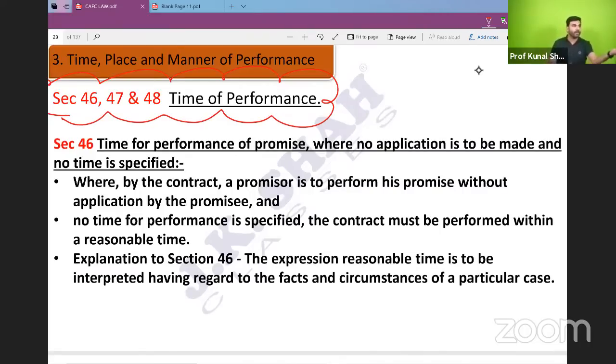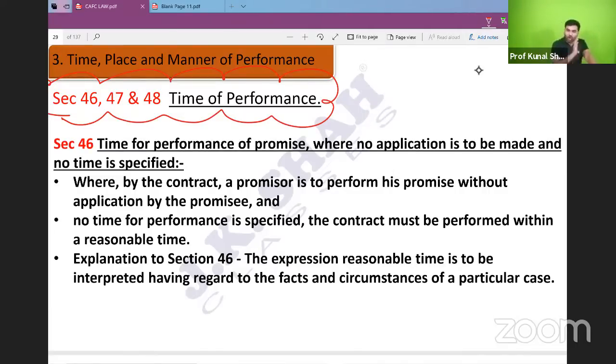Then in that case, what shall be done? In every contract, there are two parties. One is the promisor, another is the promisee. Out of both of them, it is the promisor who shall perform first, because he is the party of obligation. Later on, the promisee performs.